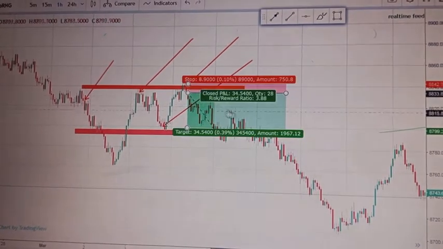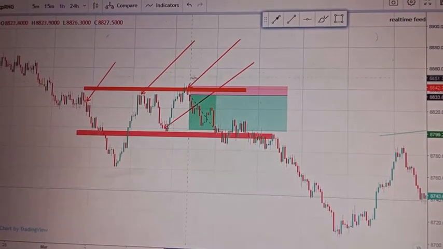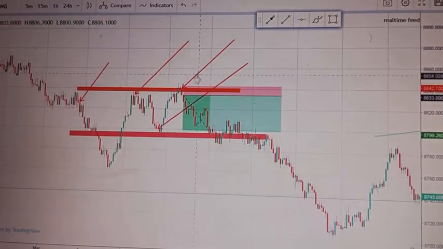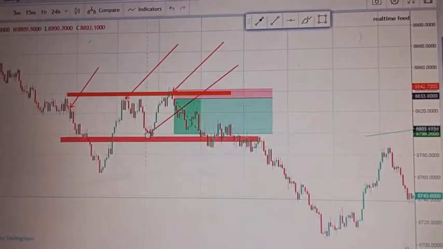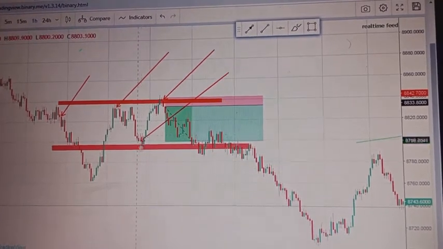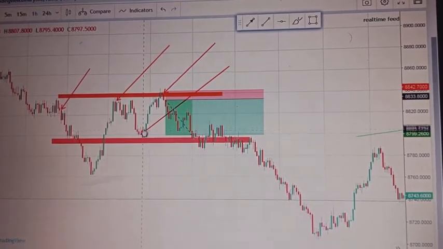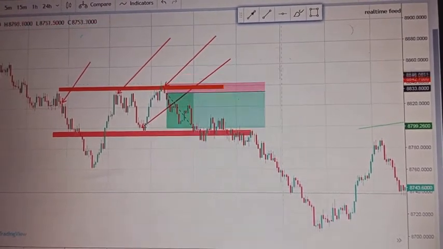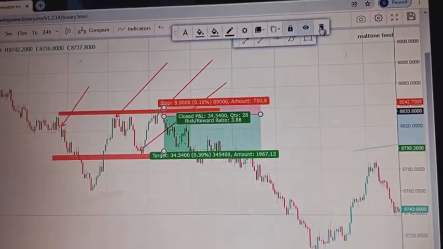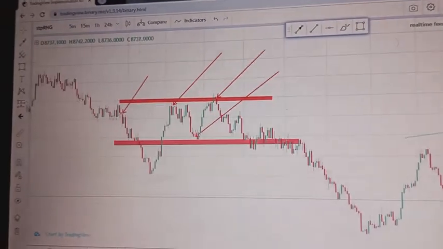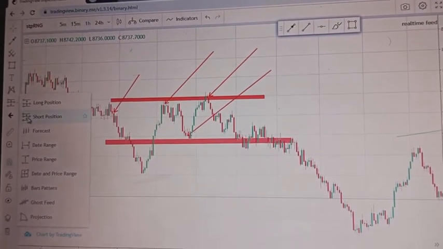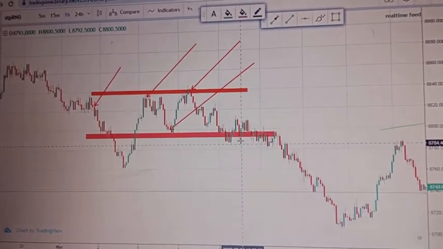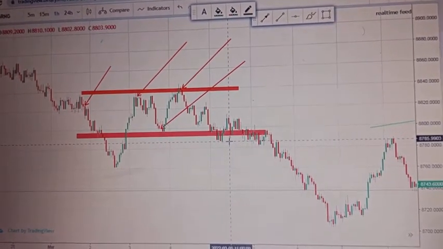So apart from this particular third line here, another place that you are permitted to enter this market is when this leg line is broken. This red arrow now is where this line is broken. This resistance, that is where you come again. You bring your short position tool and place it below this.